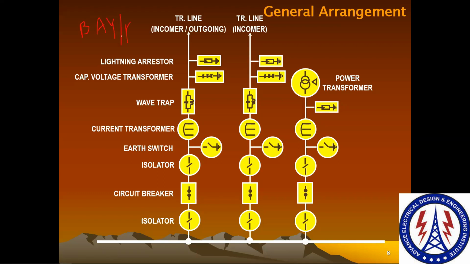So this is a transmission line feeder or bay, this is a transmission line incomer feeder, and this is a power transformer feeder or bay. Whatever you want to call it.